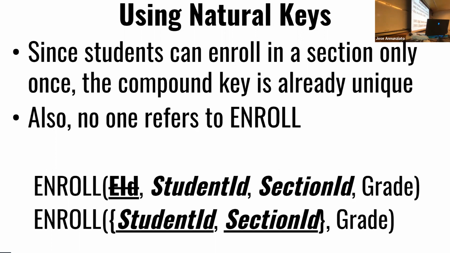Well, now the problem with this implementation is that, for instance, if student Alice enrolls in databases, and the primary key is, say, 1, 2, 3, I could insert another record whose ID is unique, maybe 2, 3, 4 or something. But again, that repeats the fact that Alice is enrolled in databases. So I'm saying twice that the same student is enrolled in the same section, which makes no sense.